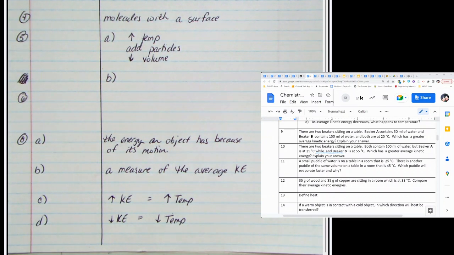It has a higher temperature, which means a greater average kinetic energy, so it will evaporate faster. Puddle B will evaporate faster because the temperature is higher in that room, which has a greater average kinetic energy.